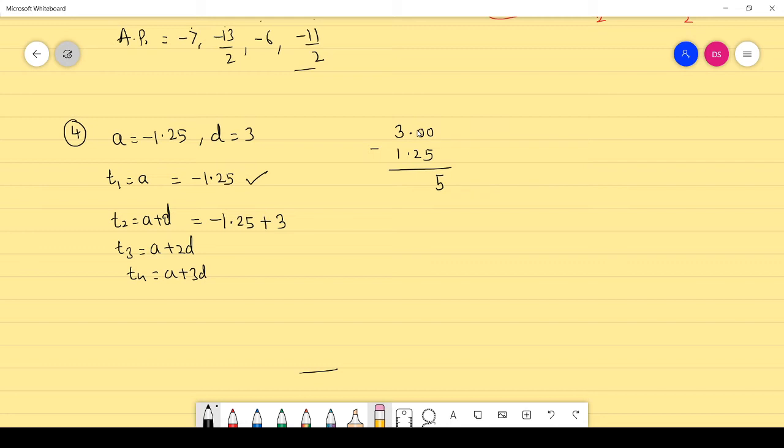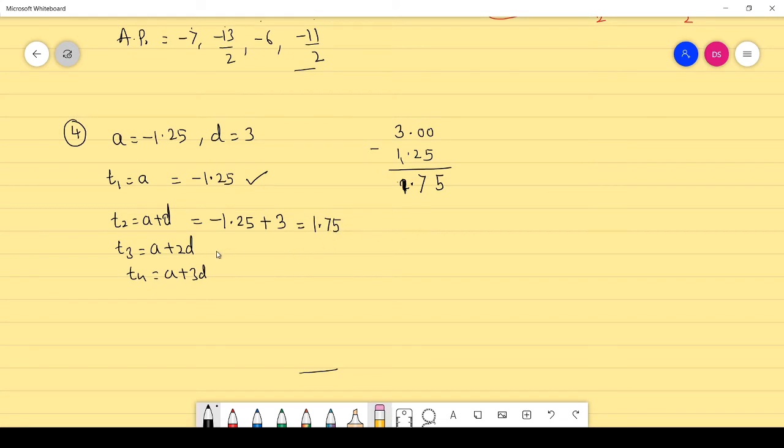Then take a remainder again. 10 minus 3, that will be 7 over here, and one remainder will come over here. So 3 minus 2, that will be 1.75. So we got the second term, that is 1.75. A positive number we got.